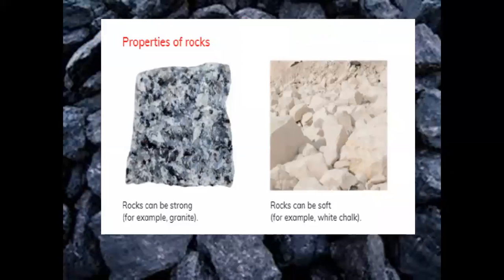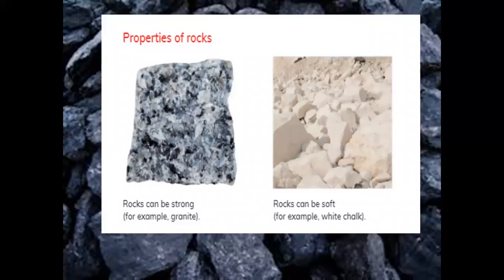Then we have properties of rocks. Rocks can be strong, for example, granite. Rocks can be soft, like white chalk and limestone. So there are different rocks, and the properties of rocks are very different.